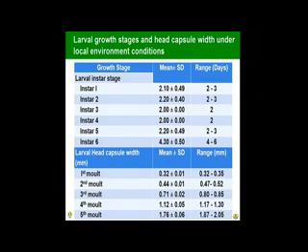And this is the head capsule width during first moult. This is the range, 0.3 to 0.35, second moult 0.47 to 0.52, third moult 1.17 to 1.3, and fifth 1.87 to 2.05.